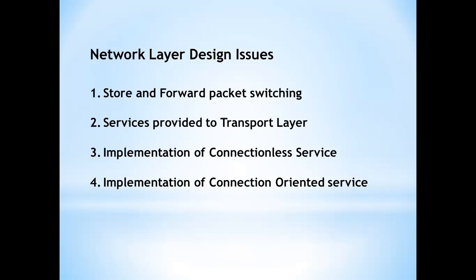The internet has a connectionless network layer, whereas ATM networks have a connection oriented network layer. The connection oriented and connectionless services both have their own advantages as well as disadvantages. Finally, we can say that the network layer should provide a raw means to send a packet from A to B, and that is all.